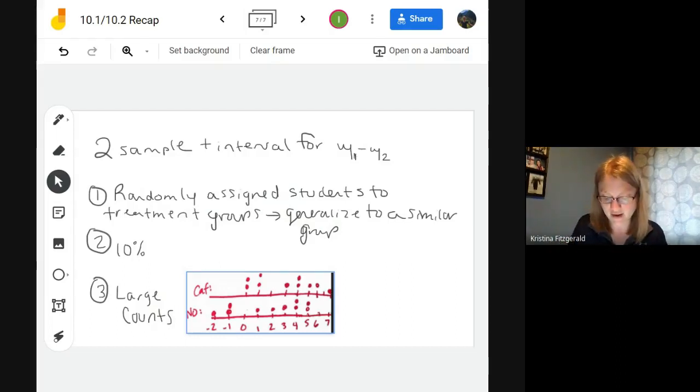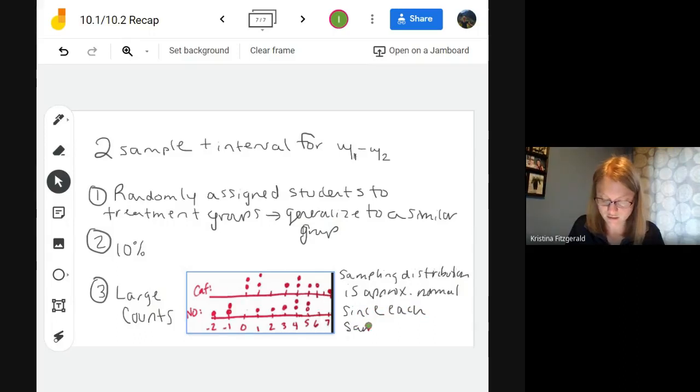And then we would say the sampling distribution, if I were to do this over and over and over again, is approximately normal, since each sample looks approximately normal, or there's no strong skew in either of these dot plots. It looks roughly symmetric. Just throw that little word roughly on there, and then we feel better about things.